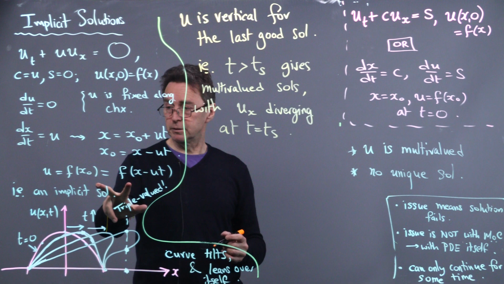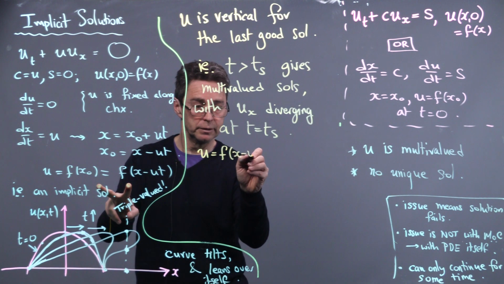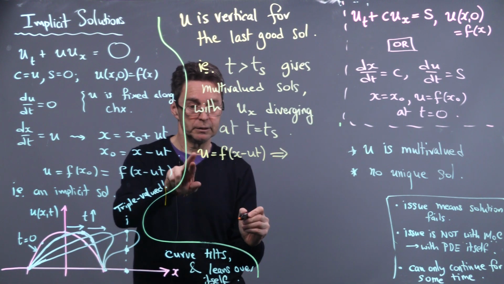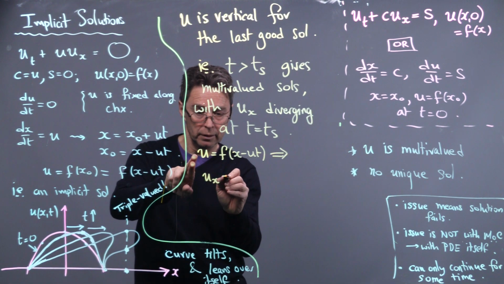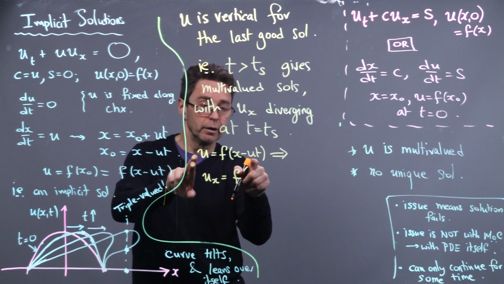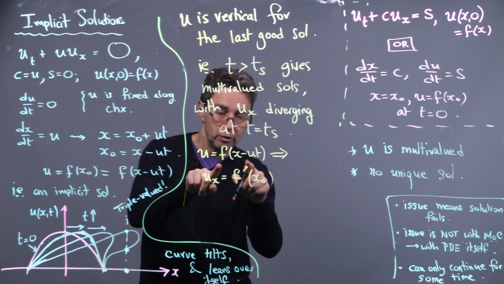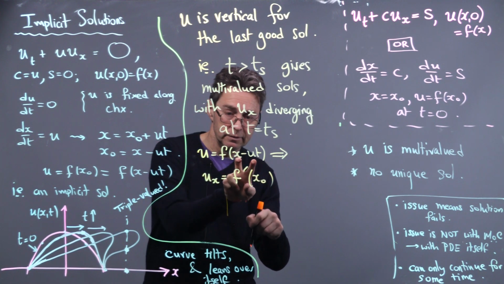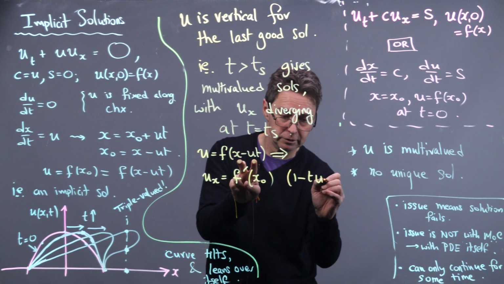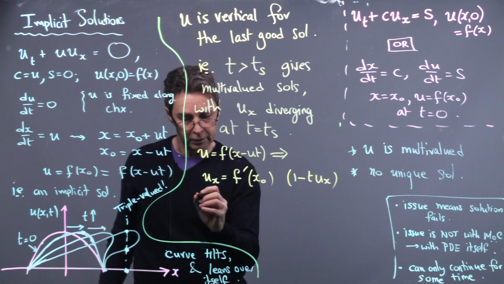And we can do that because if we come back to here, we've got u as f of x minus ut. So that implies that if I differentiate it with respect to x, I've got ux as f primed. Now by the chain rule, and the fact that that's x0, it's f primed of x0 and then the derivative of this with respect to x, which is 1 minus t times ux. So there's a ux there and a ux there. I'll put them on the same side.